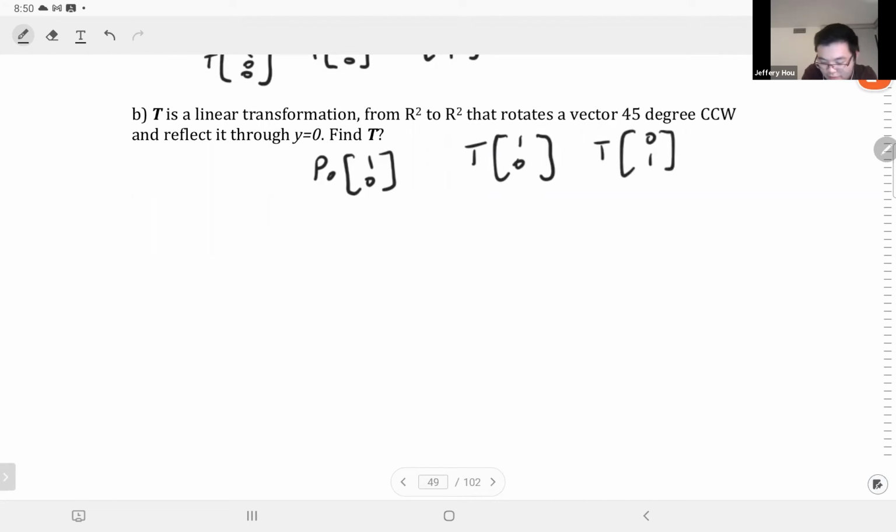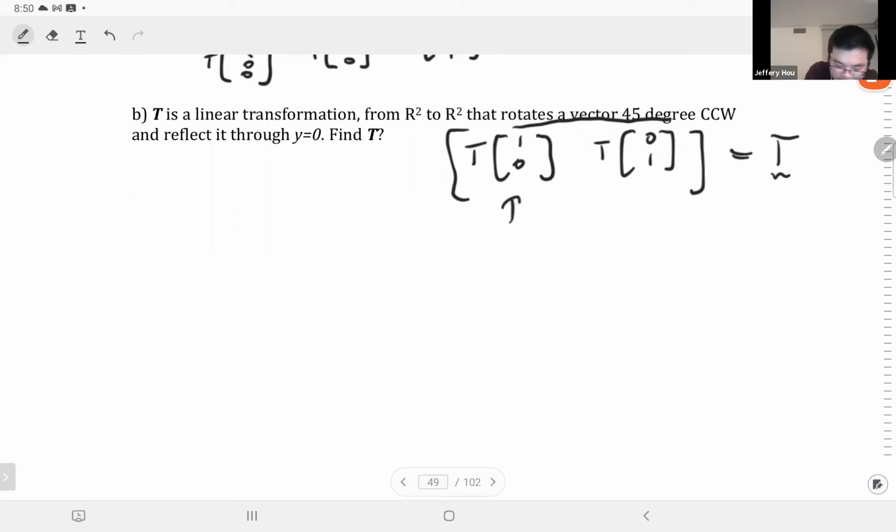That's going to formulate the overall T, and this is always going to be true. We know our first transformation is a rotation, so let's focus on that first.